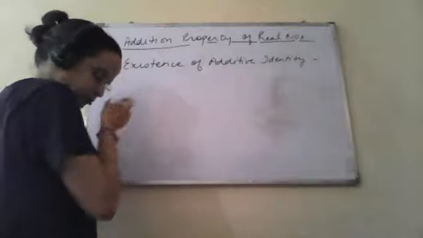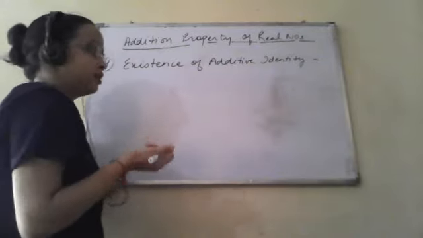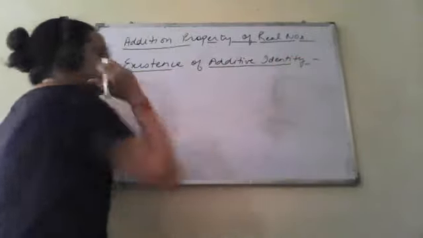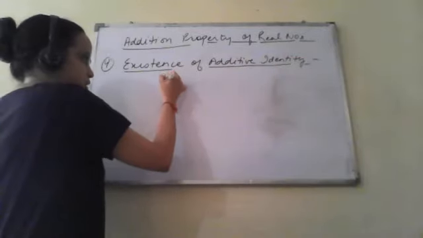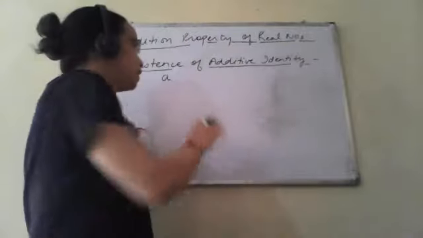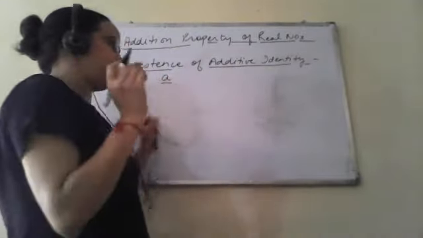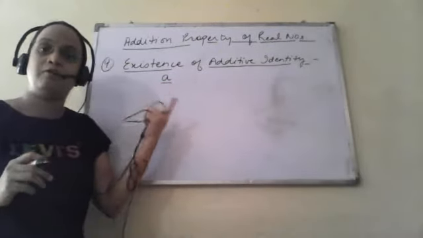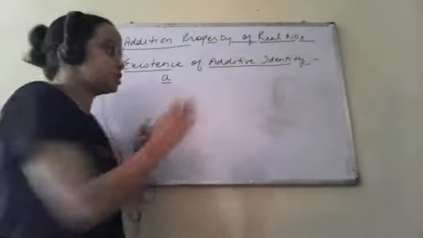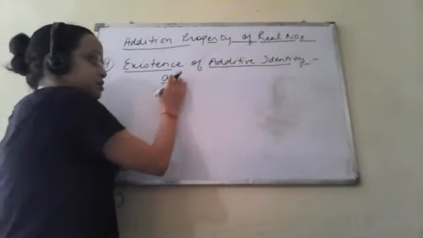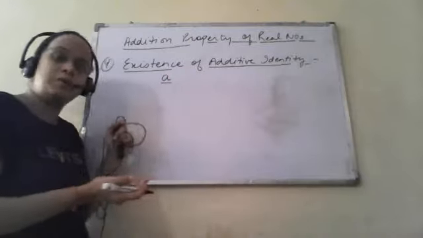Now, what is additive identity? Suppose we are taking a number A. You can take any variable, it's up to you. The additive identity for this real number A will be that particular number which, when added to this number, leaves the result the same.